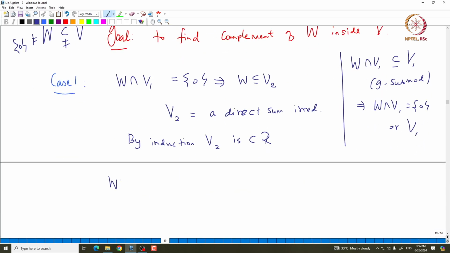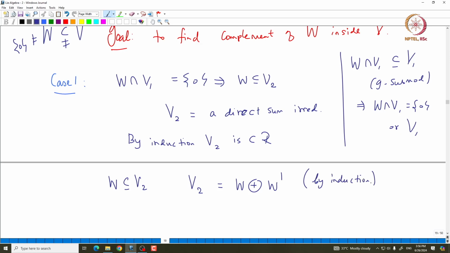So, since W is inside V2, if W is equal to V2, then there is nothing to prove, but otherwise W will actually have a complement. Okay. Because if W equals V2, then it already has complement V1. So, if W is proper, then it will actually have a complement. So, let us take that complement and call it W dash. This is by induction.